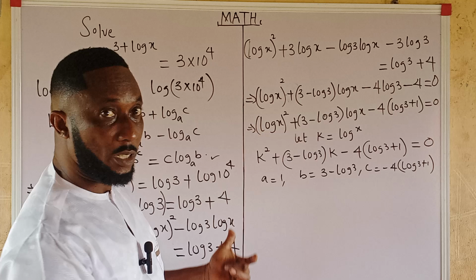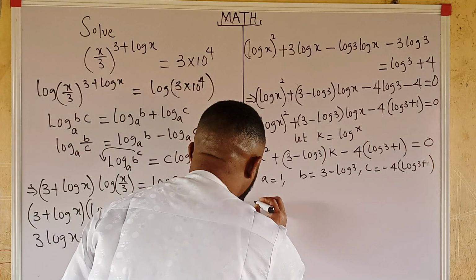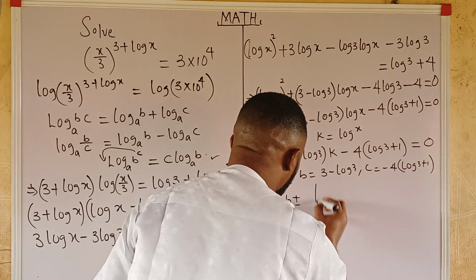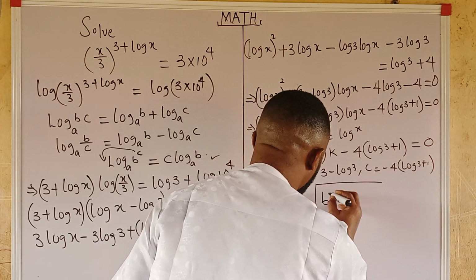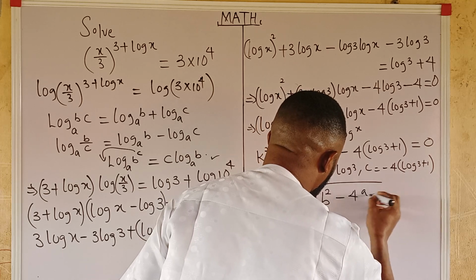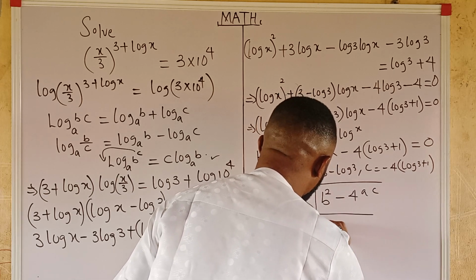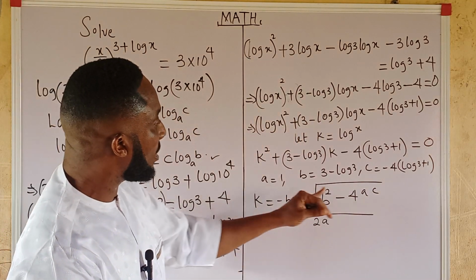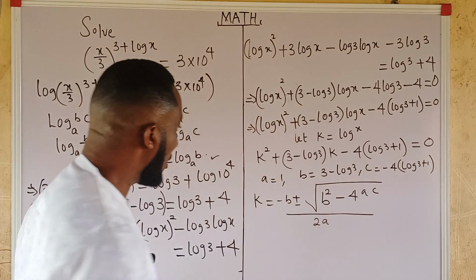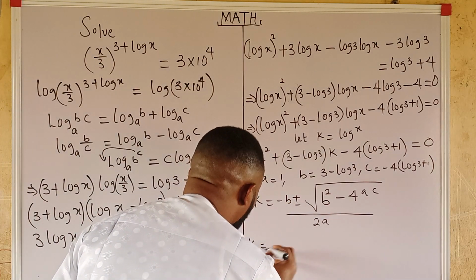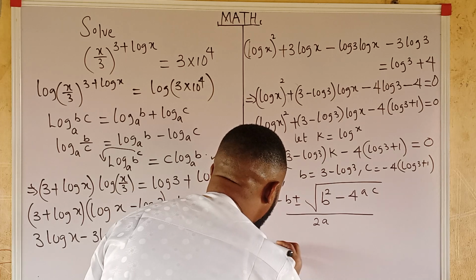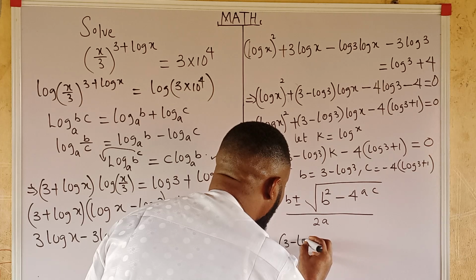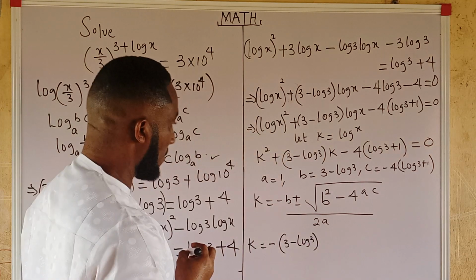So if I use the quadratic formula, the value of k will be negative b plus or minus, I'll draw a very big square root sign. Okay, I've not substituted yet. Everything upon 2a. So if I substitute the values of a, b, and c into this formula, we are going to be having k equal to, I'll take this negative outside, then put 3 minus log 3 in a parenthesis.